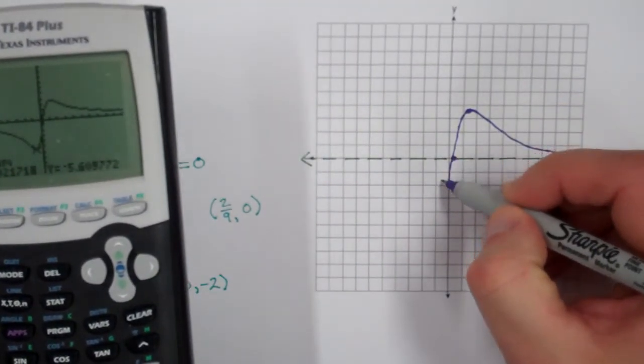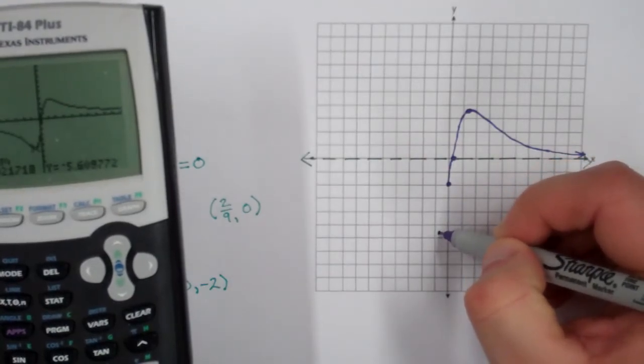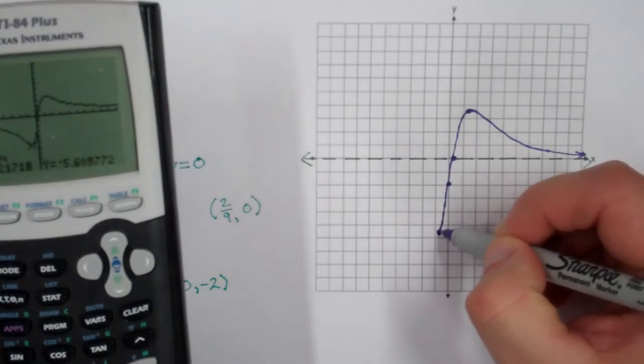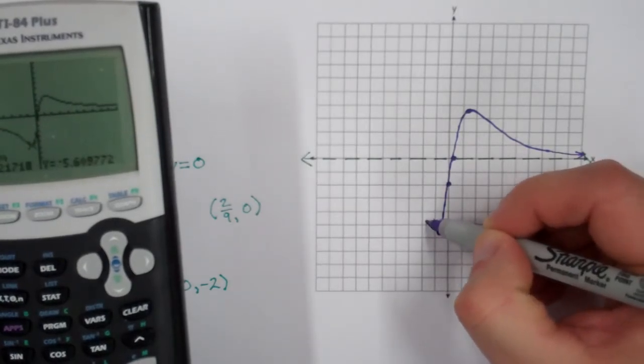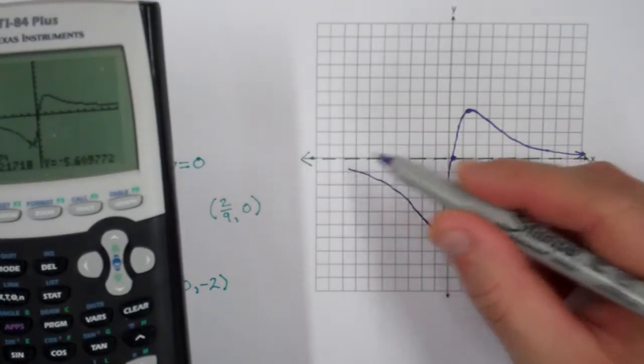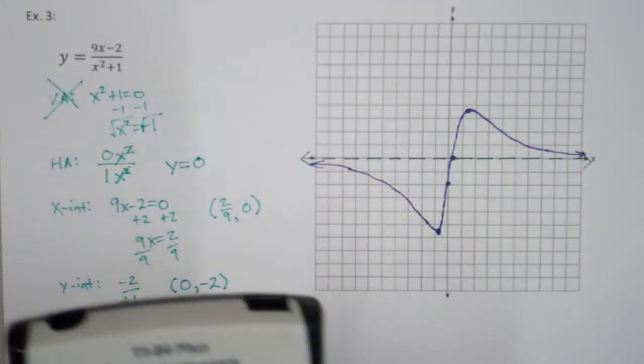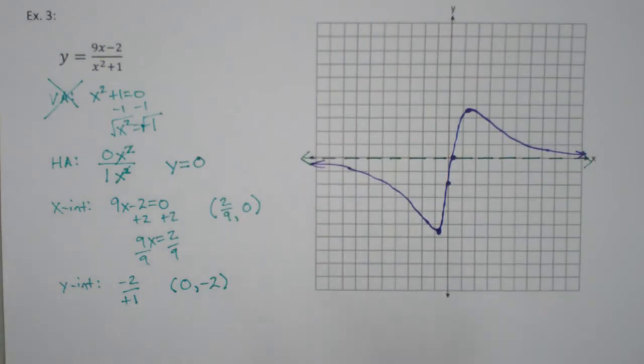We got negative 0.8 and down 5.6 is going to be about right there. So this graph is going to come down, hit that piece, and then kind of come back this way, just like that. And there you go, a wonderfully interesting rational equation, one that doesn't have any vertical asymptotes.